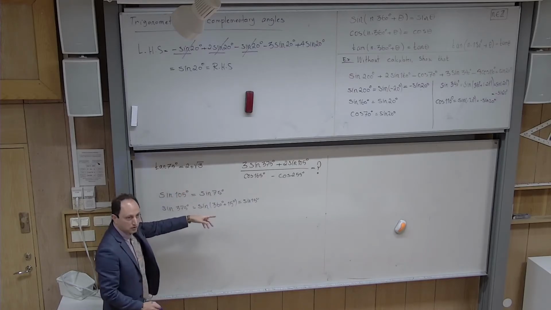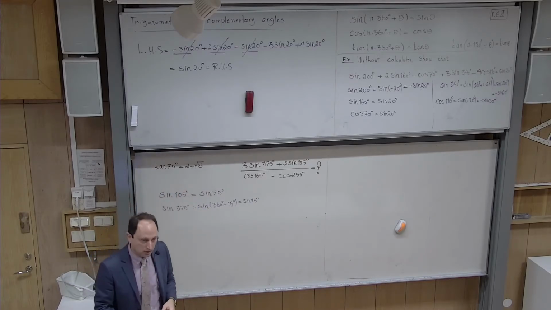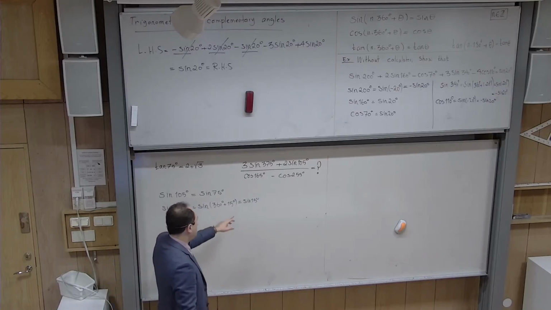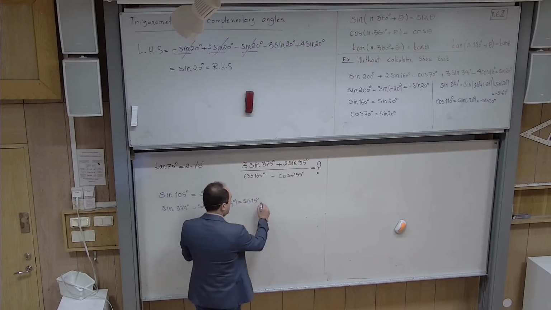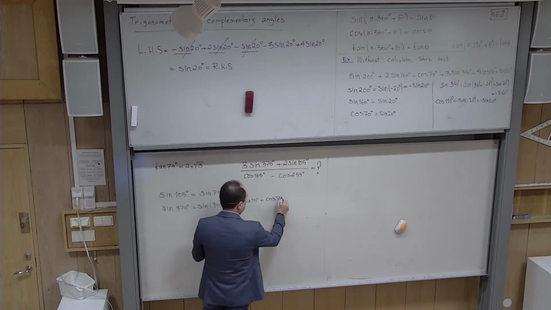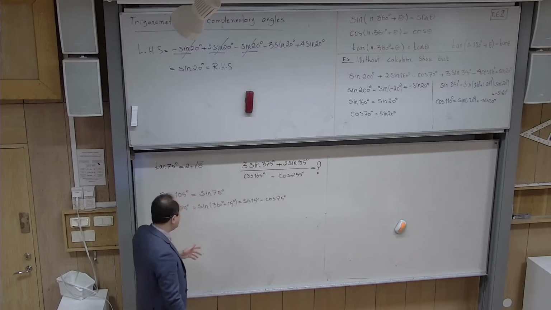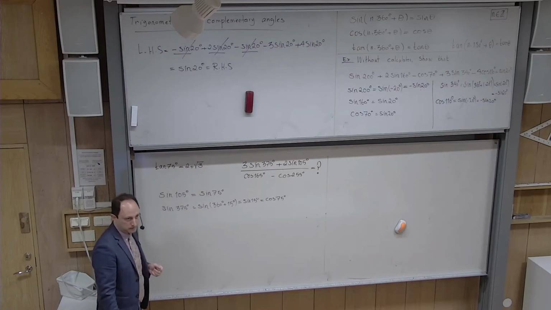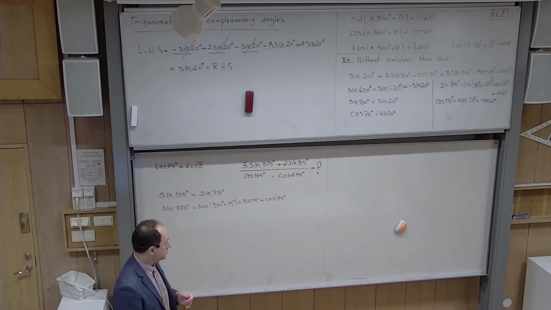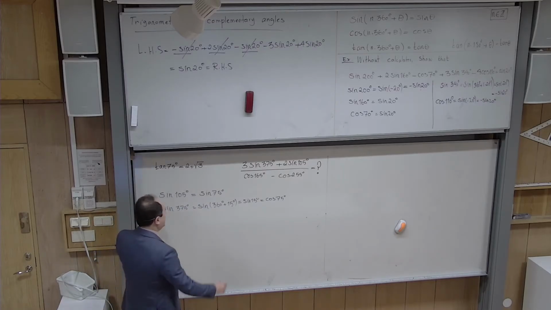Then it is not hard to see 15 and 75 are complementary. So then it means that sine of 15 can be written in terms of 75. But the price that I have to pay is to change sine to cosine. At least I succeeded to write this in terms of 75 degrees. So that's good. We go to 165.